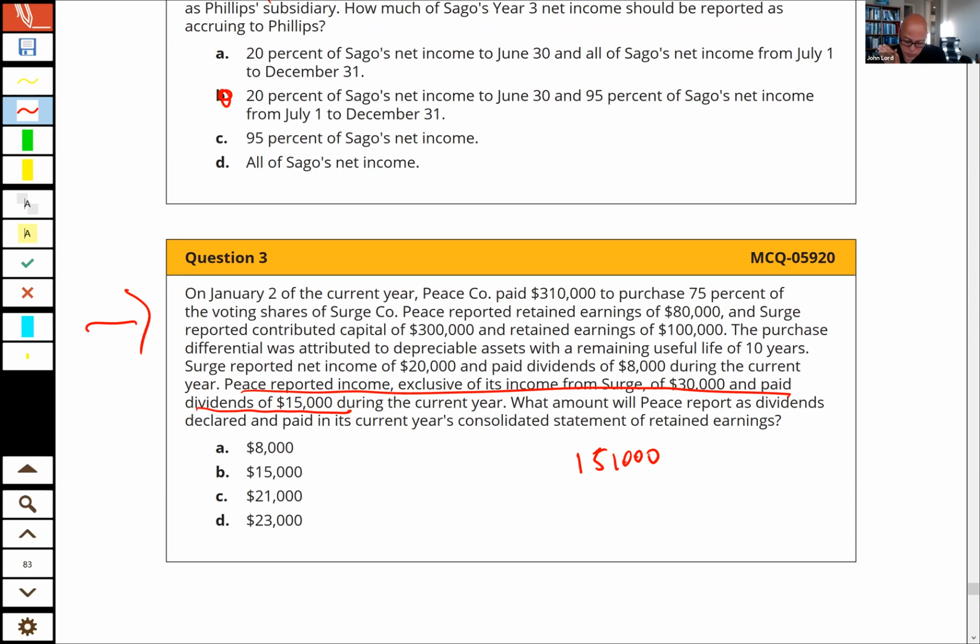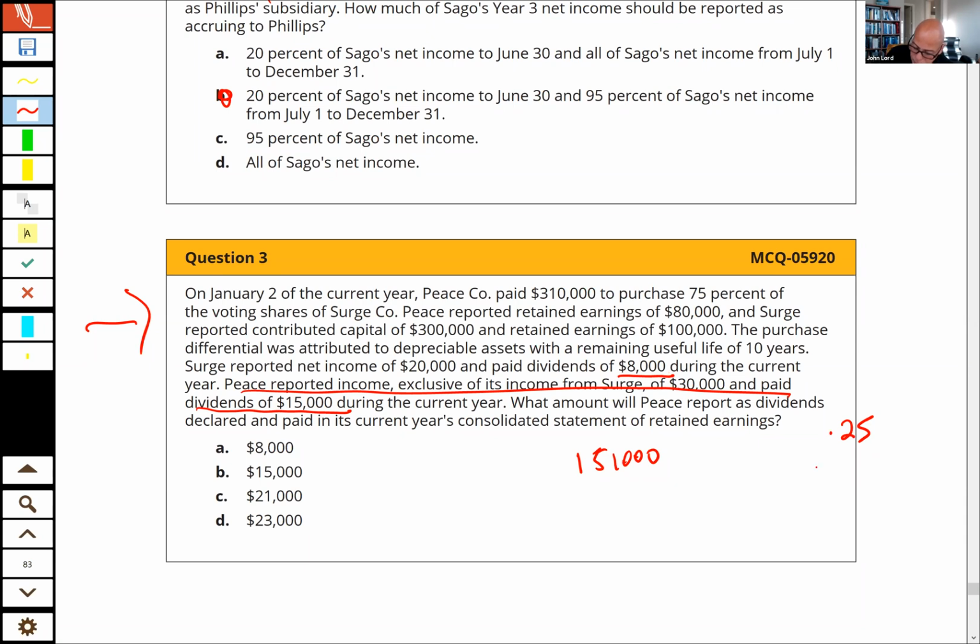Now you look and you say, okay, John, but there is this 25% non-controlling interest. And in the non-controlling interest column on the consolidated, we would be showing dividends that got paid out to the non-controlling interest. And so you look and you say, well, dividends paid were 8,000.